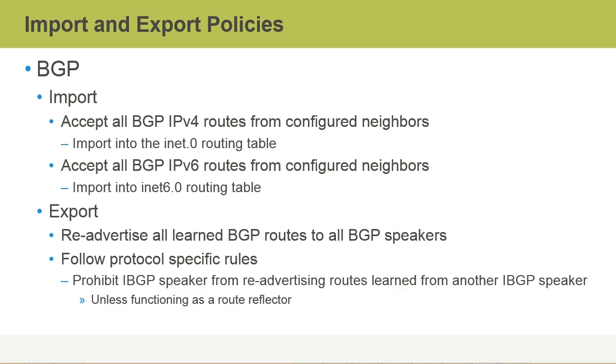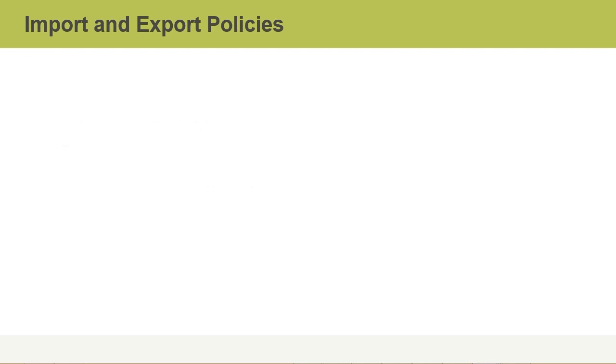The default export action is to re-advertise all learned BGP routes to all BGP speakers and follow protocol-specific rules, such as prohibiting an iBGP speaker from re-advertising routes learned from another speaker.